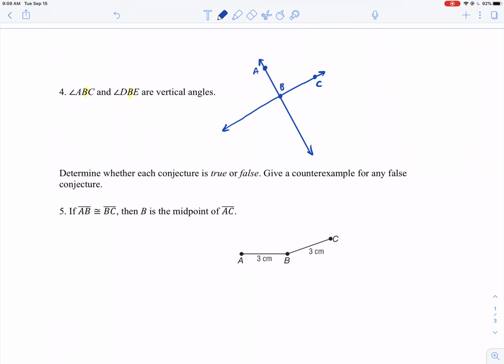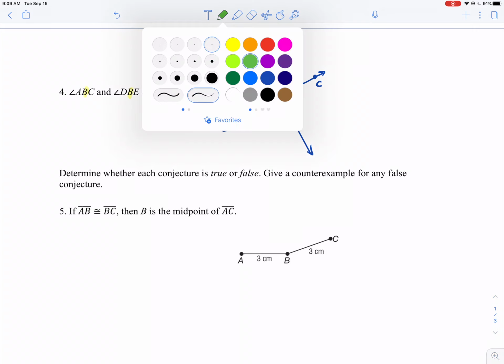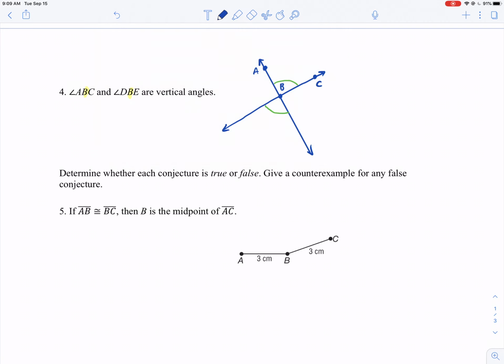So that's one of my angles here. Now if they're vertical angles, my other angle better be here. Okay, so I need D, B, E. So I don't care which side you put the D or the E on. It doesn't matter technically. You can have a D here, B is still going to be the centerpiece, and then E. So now we say, okay, I have these 2 angles, and they are vertical angles.